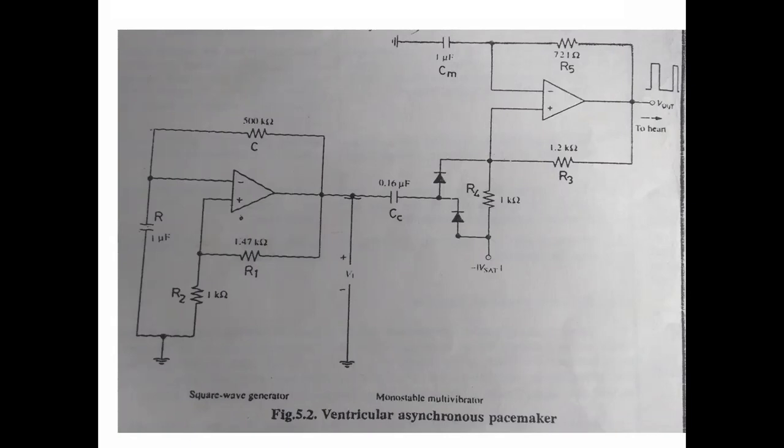After some time, a transistorized blocking oscillator with a pulse amplifier was used as a pacemaker. By using transistors, they developed blocking oscillators that produce the pulses, and after generation those pulses are amplified and applied to the heart.